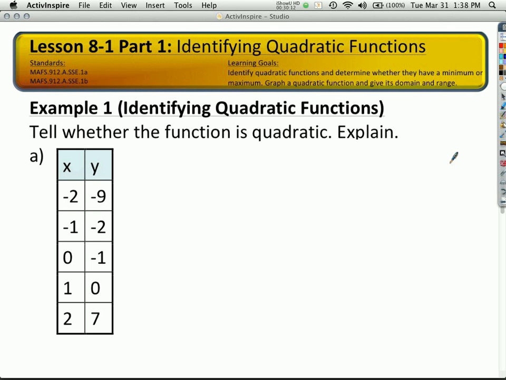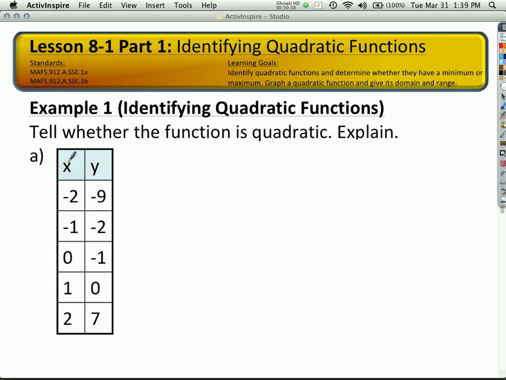If you think you have an instinct about it already, go ahead on the side of your paper, write down what you think it's going to be. If you think it's going to be quadratic, you can just write down quad. If you think it's going to be linear, you can put line. If you think it's going to be something else, you can just put a question mark. If you want to take a guess, that's a good thing to do. See how your instincts are working. But now let's not use our instincts. Let's actually use some analysis.